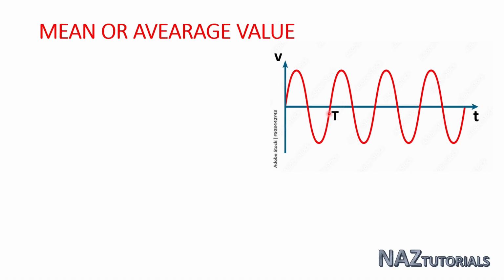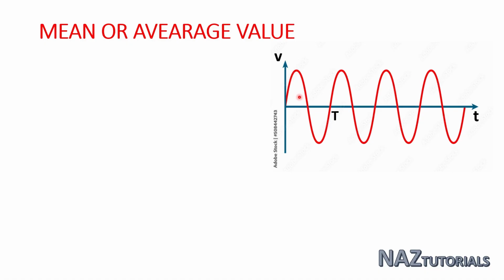If you analyze this sinusoidal alternating waveform for a time period t, it has zero average value, because the average value is defined as the area under the curve divided by the length of the base of the curve. The area has a positive value in the first half cycle and a negative value in the second half cycle.